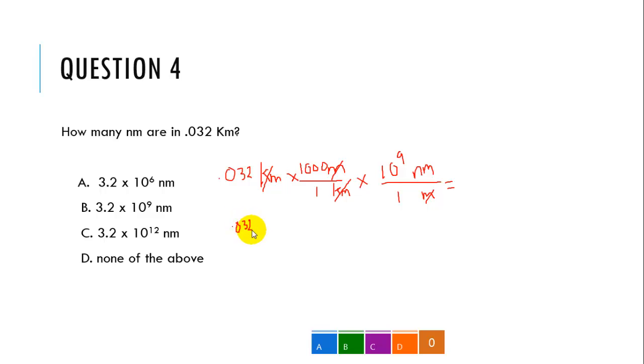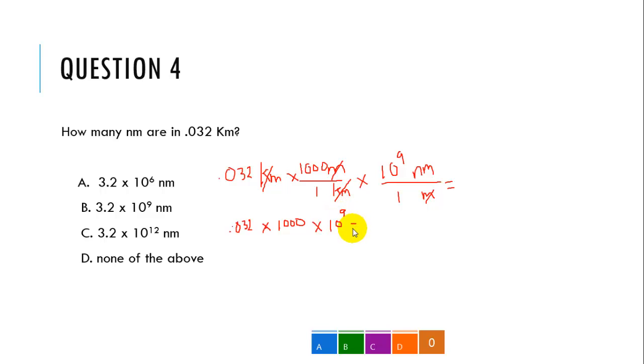Now I just do my math, which is 0.032, that's a point, times 1,000, which is 10 to the 3rd, then times 10 to the 9th.